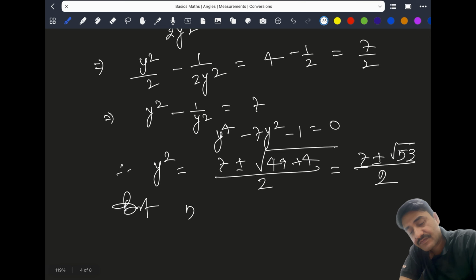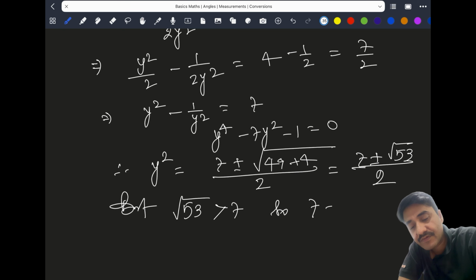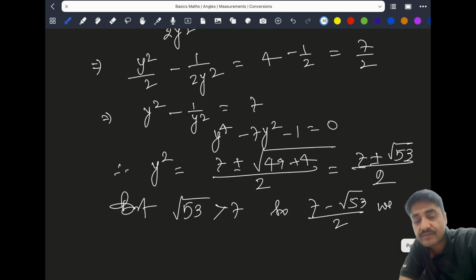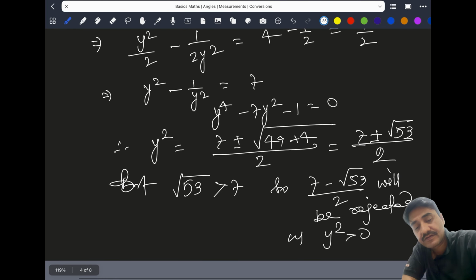But root under 53 is greater than 7, so 7 minus root 53 by 2 will be rejected as y square is greater than 0.